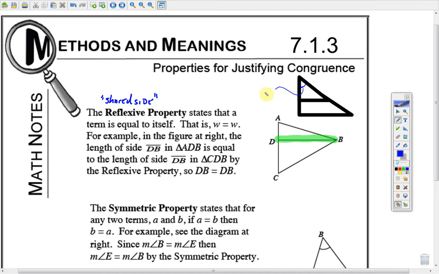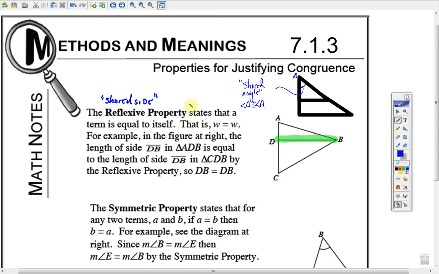So this would be a shared angle and would also be a reflexive property. If this was angle A, you could say angle A is congruent to angle A because of the reflexive property, or because it's a shared angle.